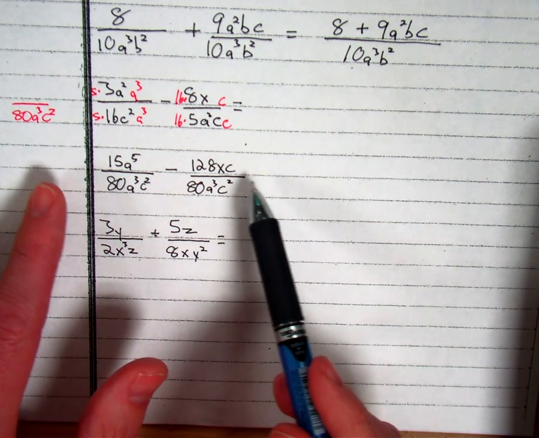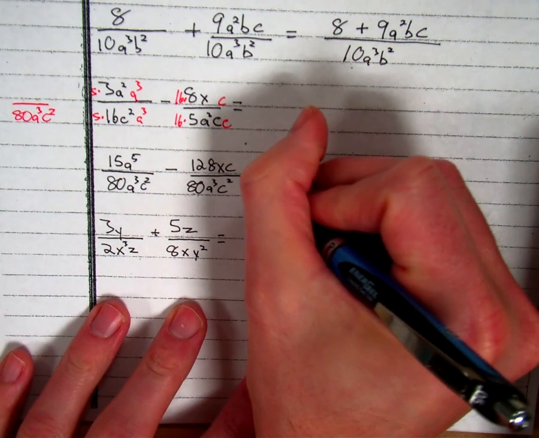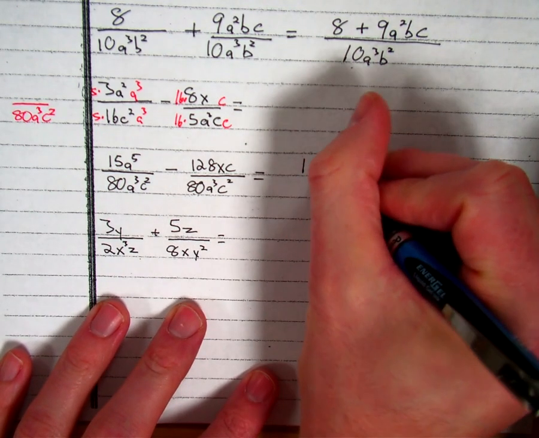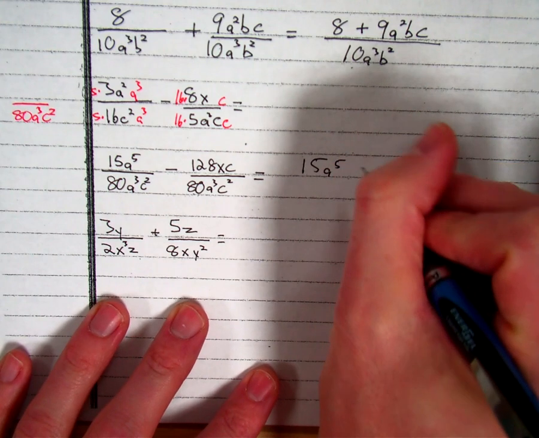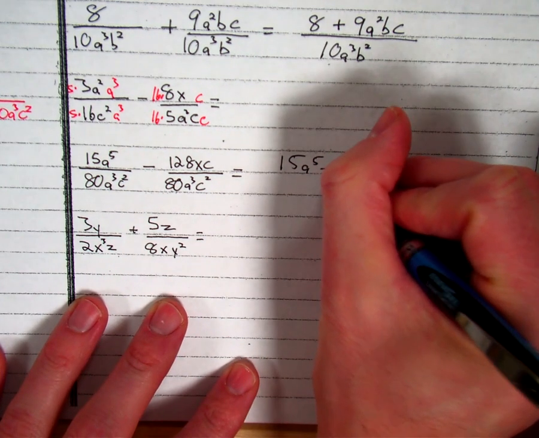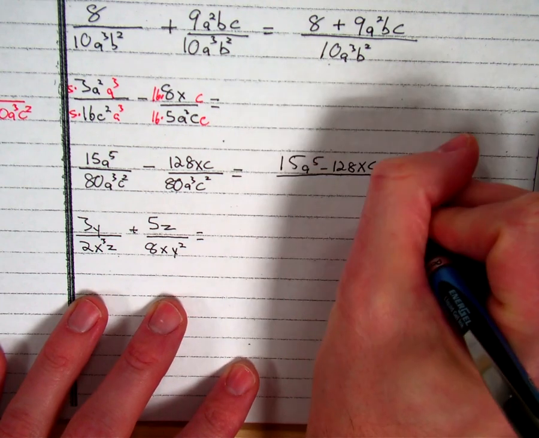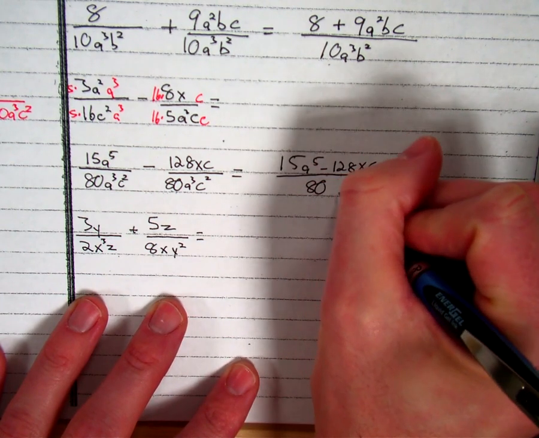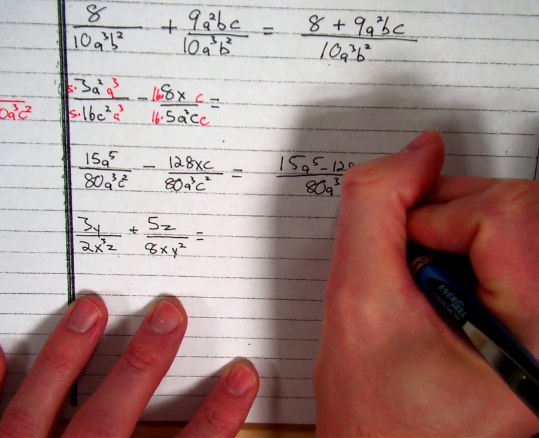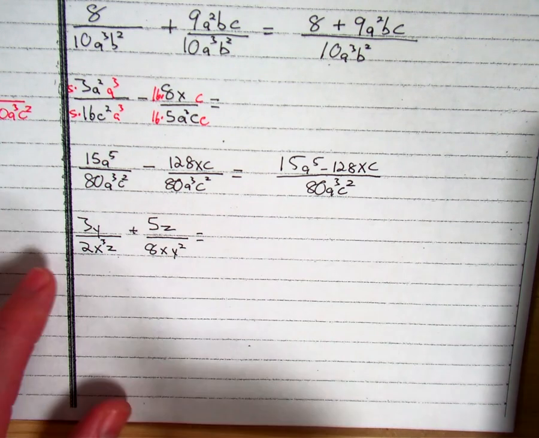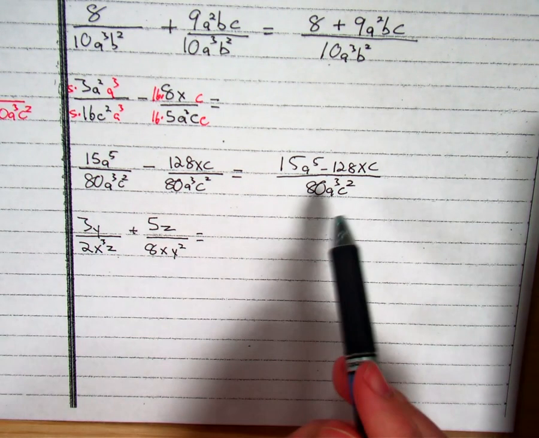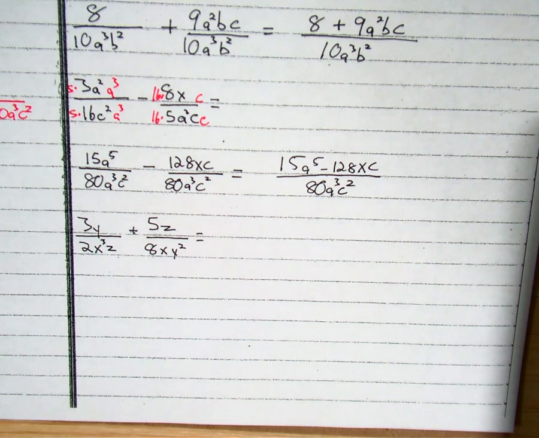And again, we're going to combine over one fraction here. Okay, and again, 15, 128, and 80, it does seem like there's got to be something that goes into all three, but there's not.